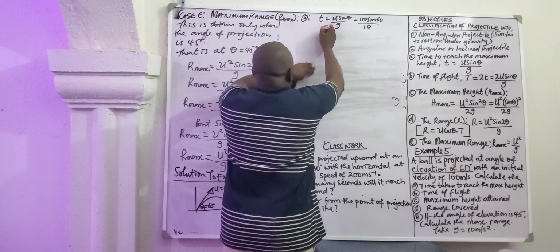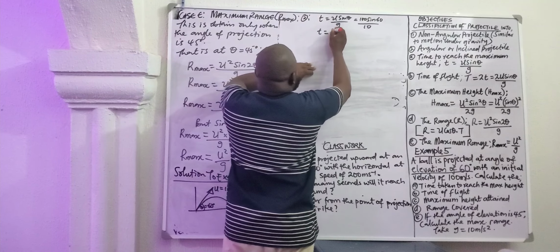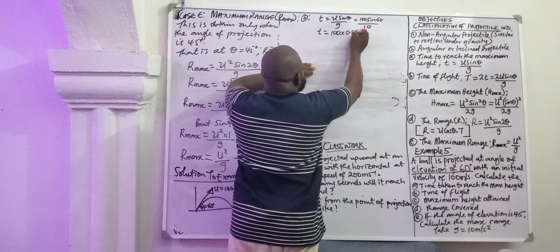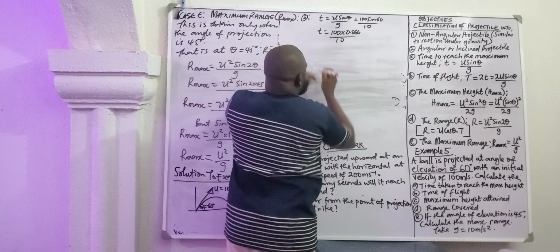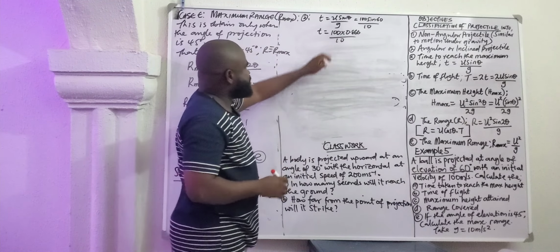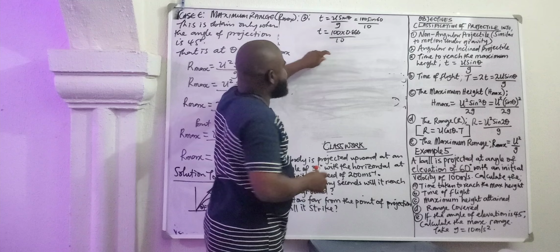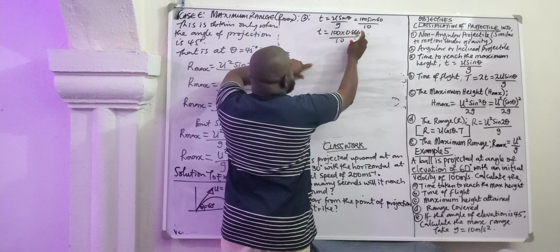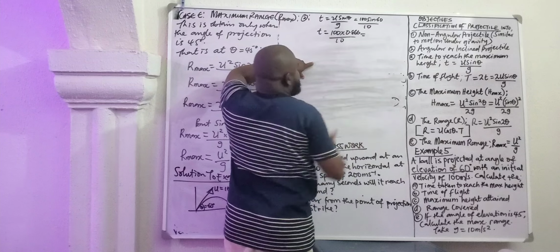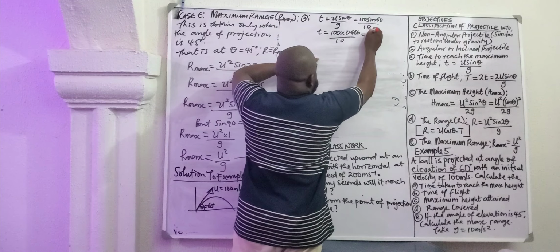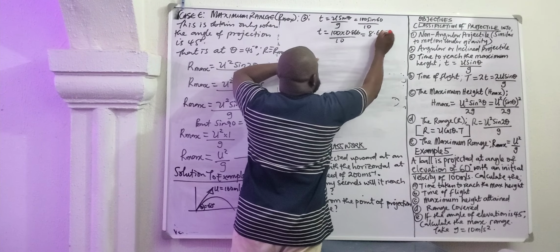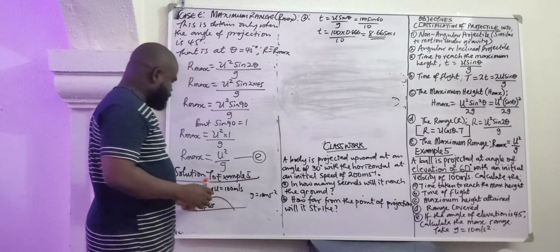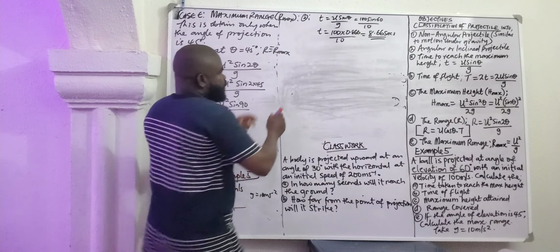Sine 60 is 0.866. If you multiply it by 100 and divide by 10, this 0 cancels this 0, we have 10 times 0.866. That will give us 8.66 seconds as the time it takes the object to reach the maximum height.